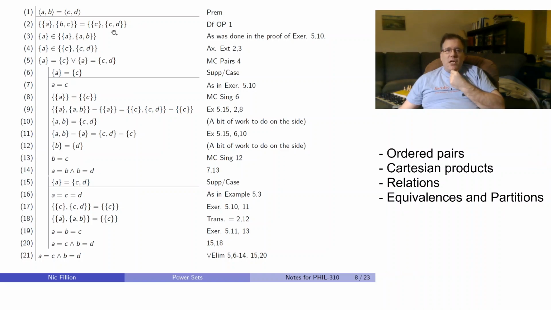Now, as was done in exercise 5.10, we can easily see that singleton A is in a set that contains singleton A. That's easy. We could show that without any gap, without anything missing, really following the deduction that was done in example 5.3 or in exercise 5.10.